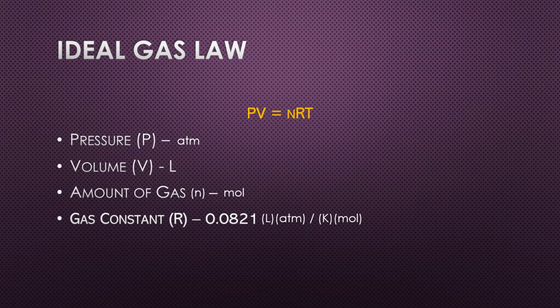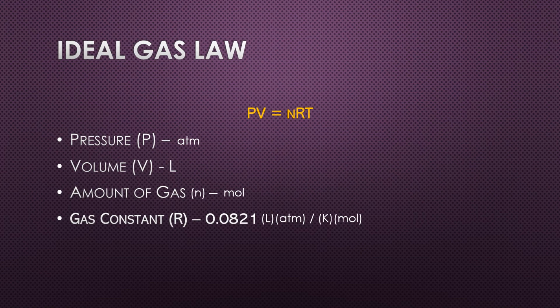Now, because of this gas constant, whatever units we see in there, that's exactly what we want to use for our variables as well. For example, the unit here for volume is liter, so we want to make sure that our volume is in liter. If it's not given in liter, we'll have to convert it. For atmosphere, we want to make sure that our pressure is given in atmosphere.